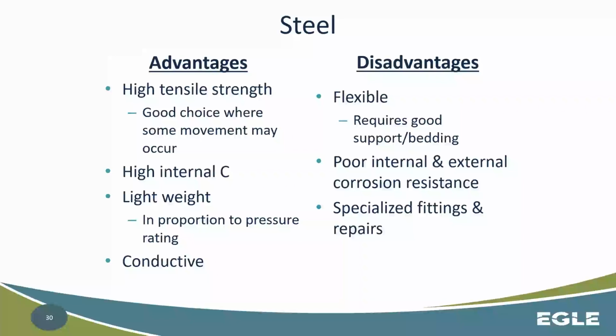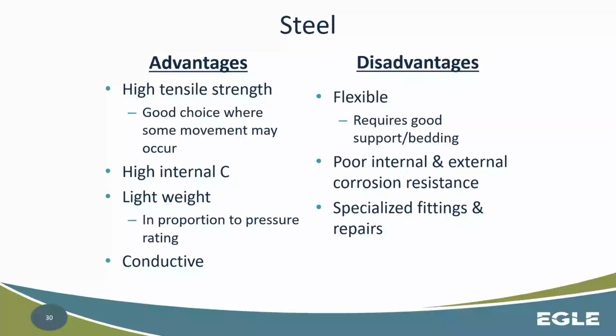Advantages: high tensile strength, a good choice where some movement may occur. They can be flexible, or they can be good for withstanding those pressures when necessary. High internal C, so again fairly smooth, maybe not as much as your HDPE or PVC, but fairly smooth relative to that.